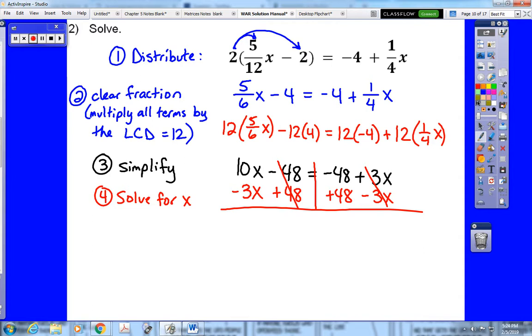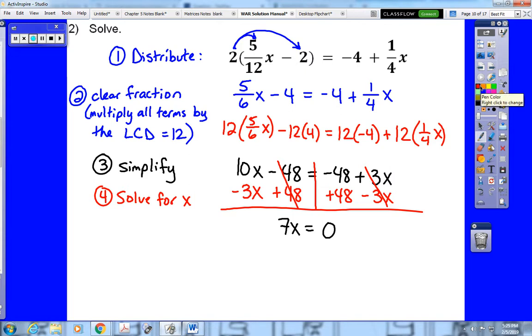Technically, yes, it does. 10x minus 3x is 7x. Negative 48 plus 48 is 0. A lot of kids get stuck here, but you really shouldn't. You're going to solve for x, you're going to divide by 7. 0 divided by 7 is still 0. So the answer is x equals 0.